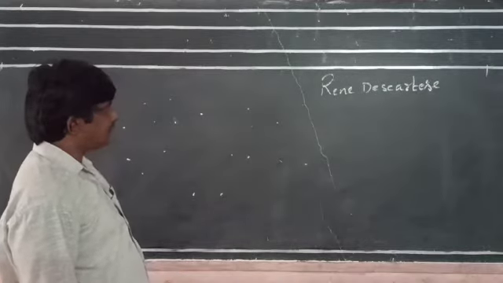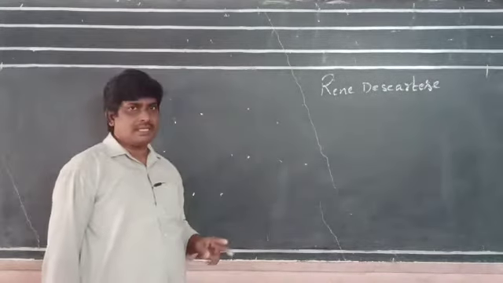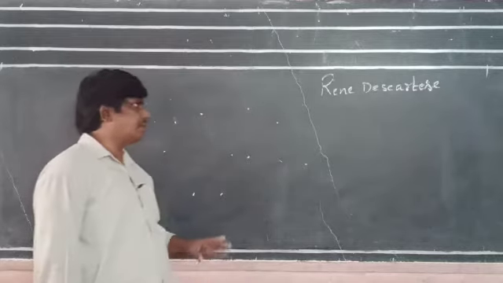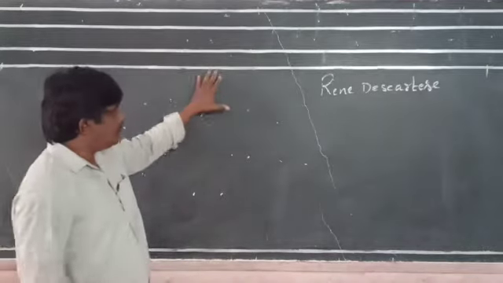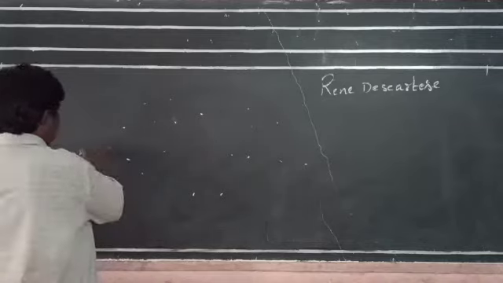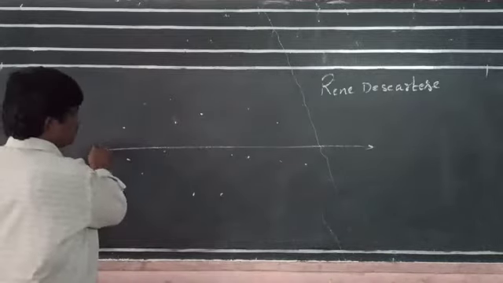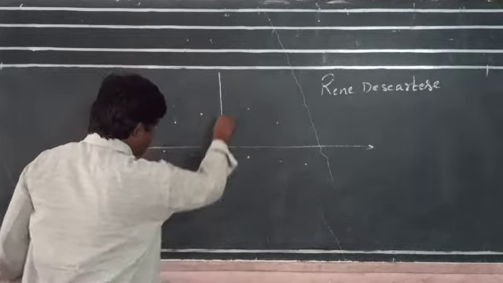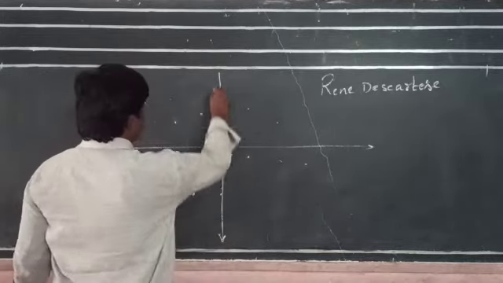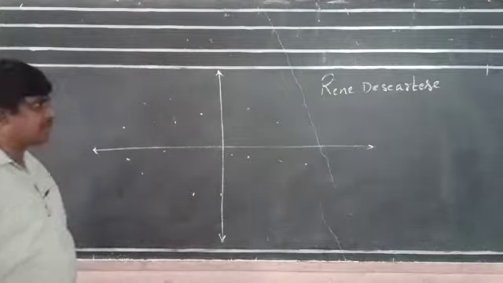What are the two references? He took number lines as the reference things. He drew one horizontal number line and a vertical number line, mutually perpendicular to each other.